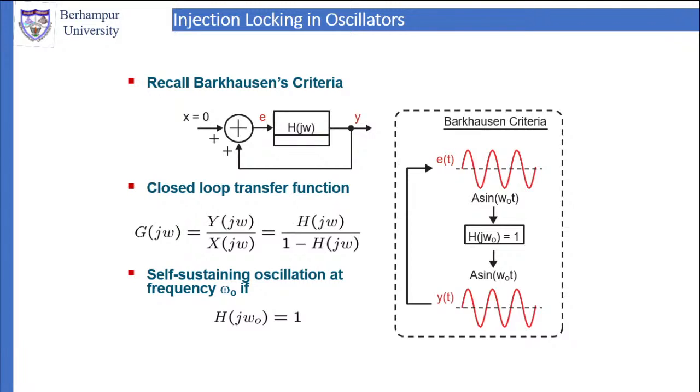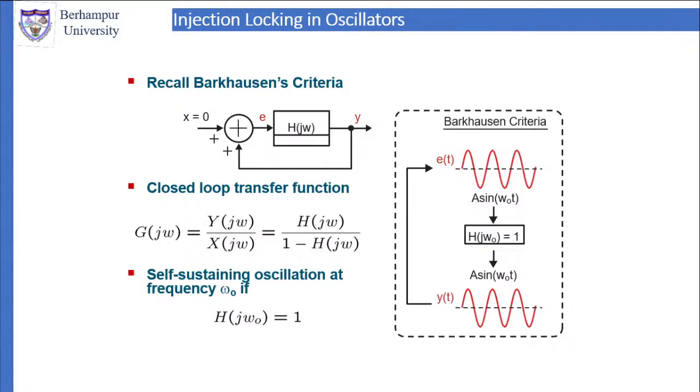The closed loop transfer function for this positive feedback is G, which is y upon x, where y is the output in the frequency domain and x is the input in the frequency domain. So G is equal to y upon x, that is equal to h upon 1 minus h, and h is the transfer function of the device that we are using.